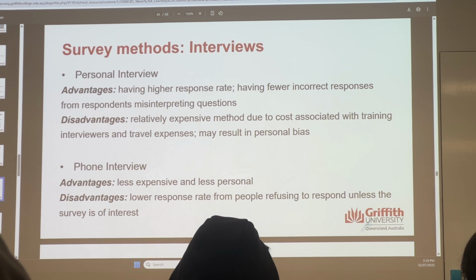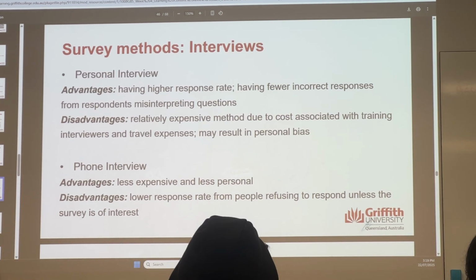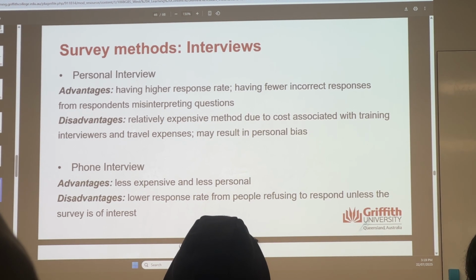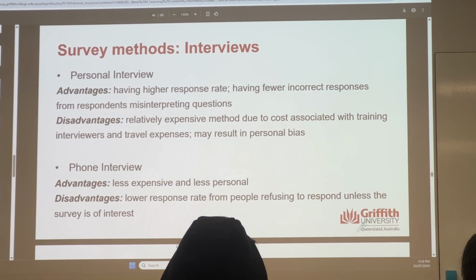So the Australian Bureau of Statistics, if they want to collect data, they simply knock on your door and sit with you, and they fill a questionnaire. So you go with a questionnaire, a set of questions, sit with the person, ask questions and fill in the data. That's a personal interview.